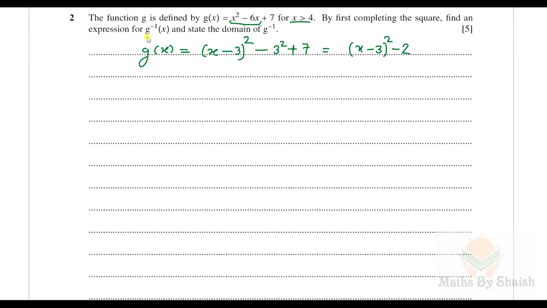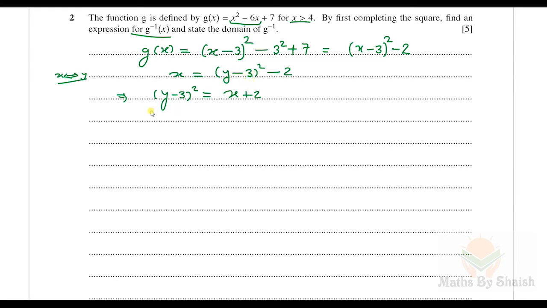Now let's find the expression for g⁻¹. We'll write it as y, and then swap x to y and y to x. We get x = (y − 3)² − 2, or from here we can write (y − 3)² = x + 2. I transferred this term to this side, like a = b becomes b = a.